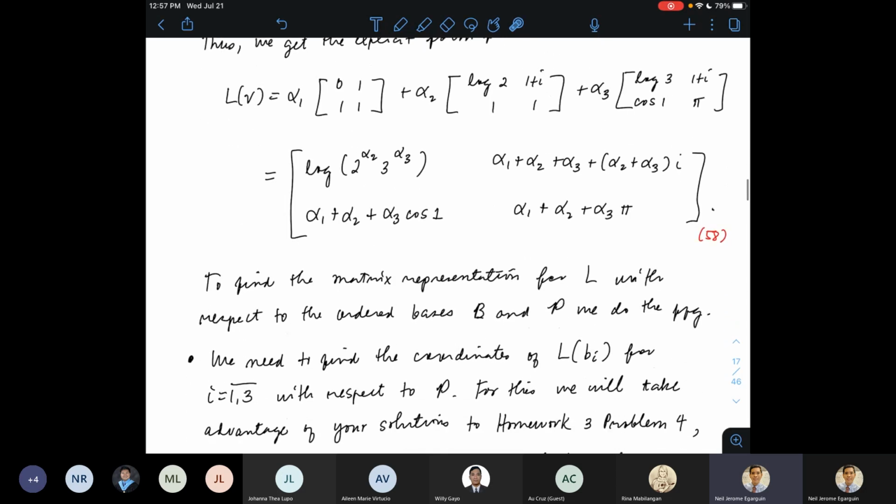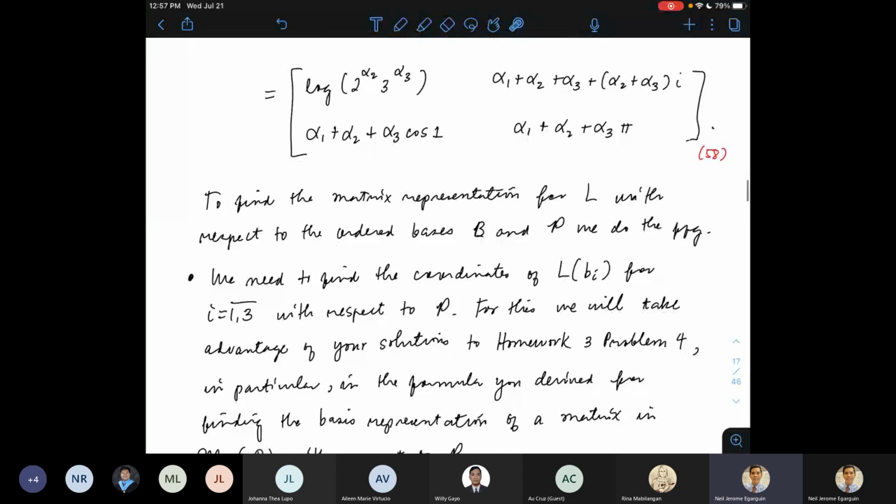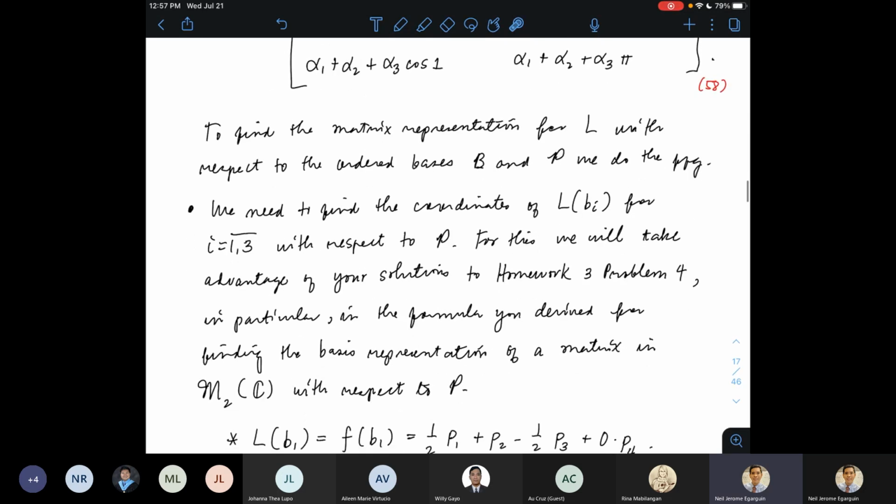Now, let's try to see what the matrix representation for this linear transformation looks like. Okay? Again, the first step: find the image of the basis elements of the domain to get the columns of the matrix representation. Okay?